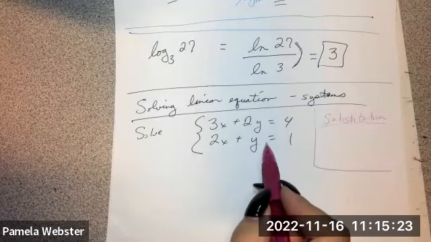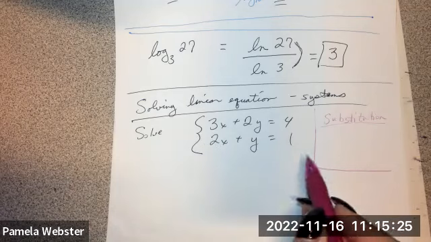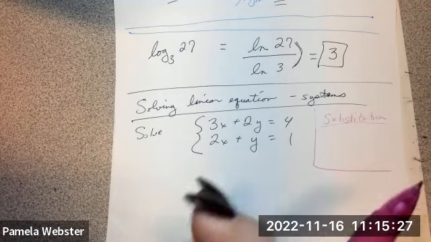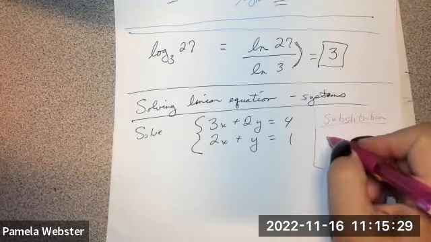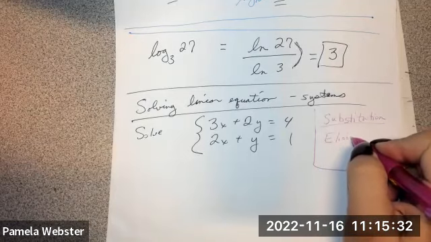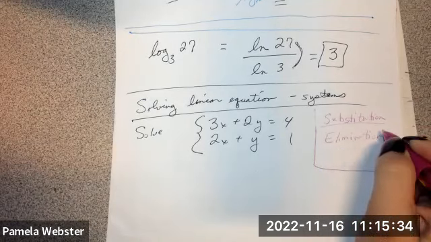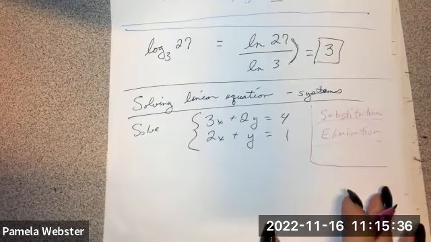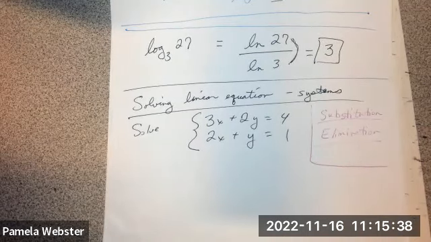I could just say y equals 1 minus 2x and solve for the y. And then I could substitute that in. That's one method. And the other method is elimination. And in the elimination method, what I do is I multiply one or both of the equations by a constant to try to cancel one of the variables out, right?